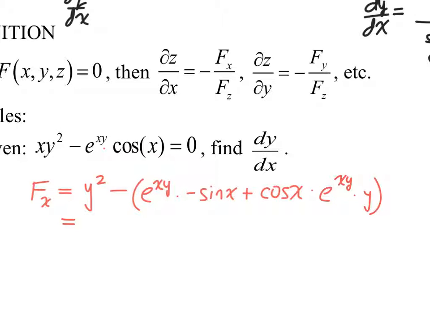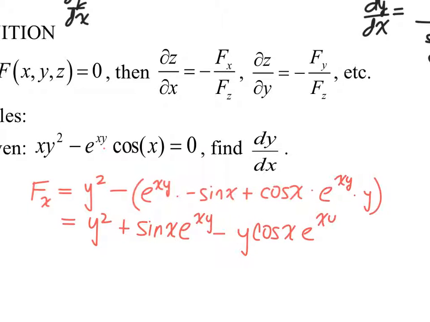So anyway, we could clean it up a little bit. y squared plus sine x e to the xy minus little y cosine x e to the xy. It really doesn't matter.